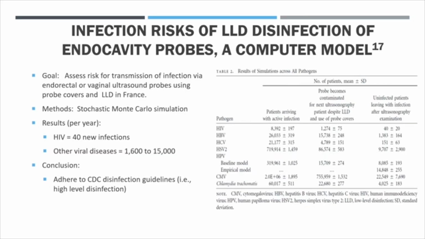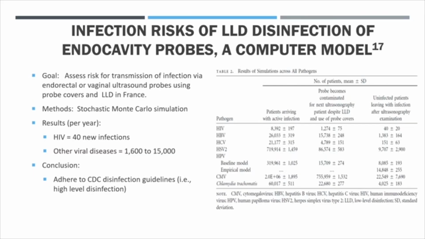The results showed that over France there would be 40 new HIV infections, and for other viral diseases, somewhere between about 1,500 and 15,000. The conclusion is one must adhere to the guidelines from the Centers for Disease Control for the use of high-level disinfection, which, as we've already seen, are really the standard from across the world.